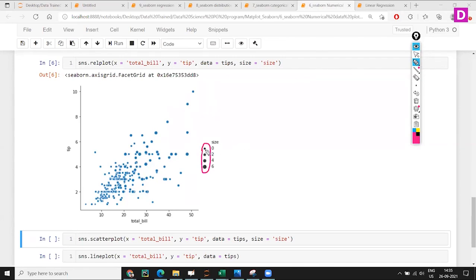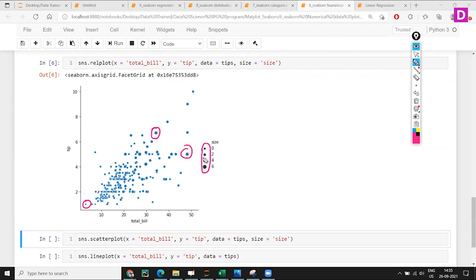If the size is small, it means the group is maybe 1 or 2 people. As it increases, there are more and more people in the group. If I take this very tiny dot, maybe only one person visited, maybe he went for a coffee or just to have one snack bar or something like that, right? So here it is a little bigger.